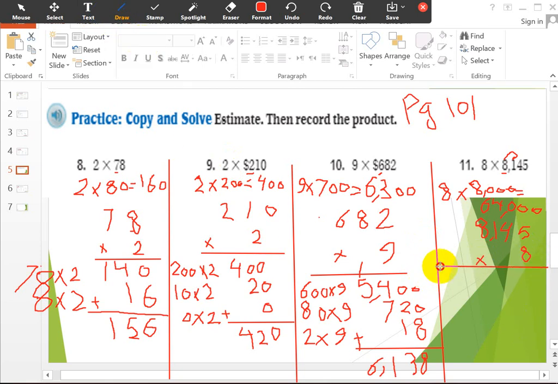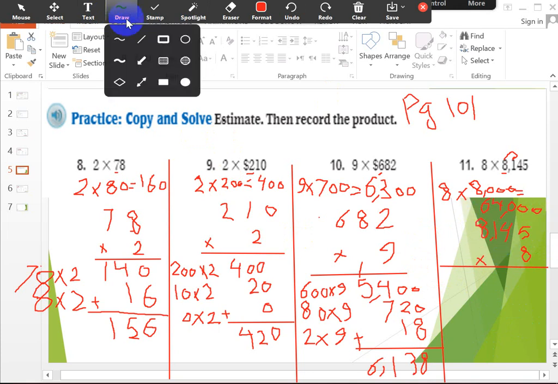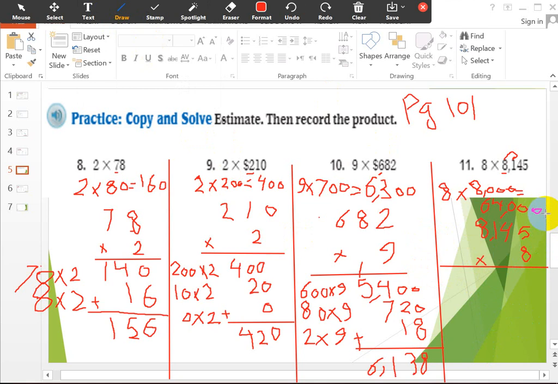Now, what is the value of the number in the thousands digit? 8. The value of the 8 will be 8,000. Okay, so it will be 8,000, and multiplied by 8, it will be what?